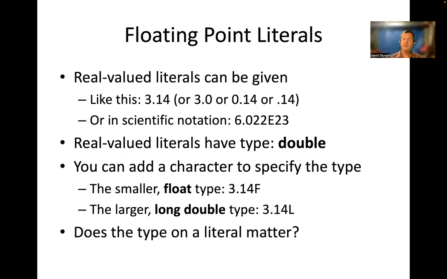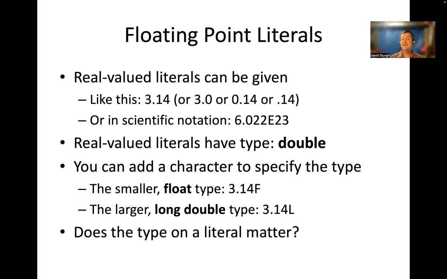So constants that have a fractional part are assumed to be double. You can give them with just an integer part and a fractional part, like I do at the top, or you can give them in scientific notation, like I'm doing a little further down. This 6.022E23 is a way of giving it in scientific notation. The E can be capitalized or lowercase.